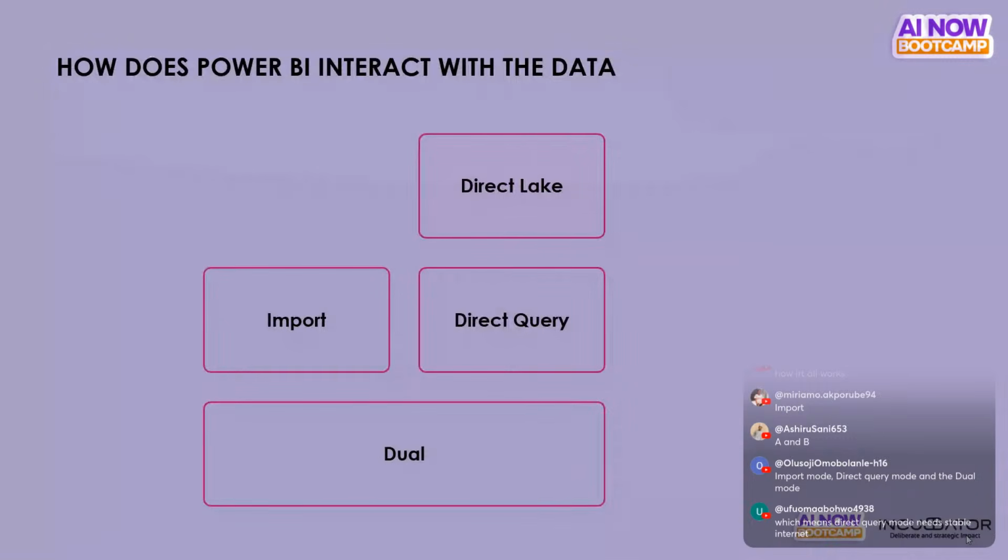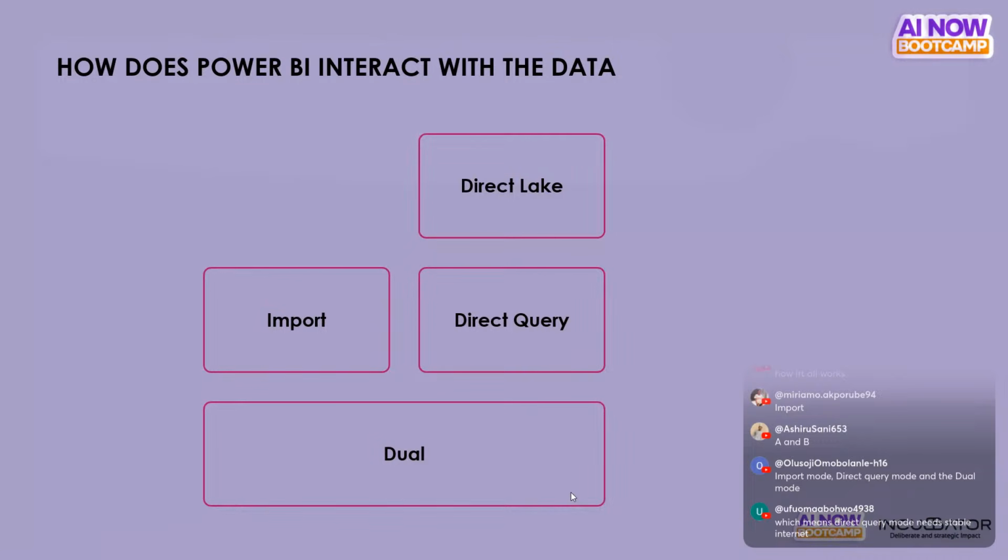You also have some Microsoft Fabric data sources. If you are using one of the Microsoft Fabric data sources and your connection mode is direct query, it is called direct lake. So direct lake is what? The direct query mode for a Microsoft Fabric data source. I'll say it again: direct lake is the direct query mode for a Microsoft Fabric data source.